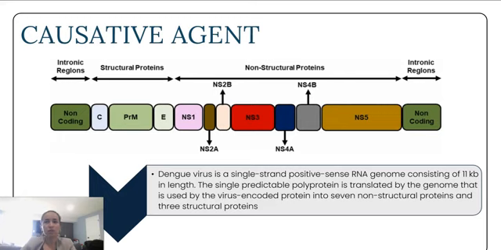Some non-coding regions are also present on the 3' end of the genome.